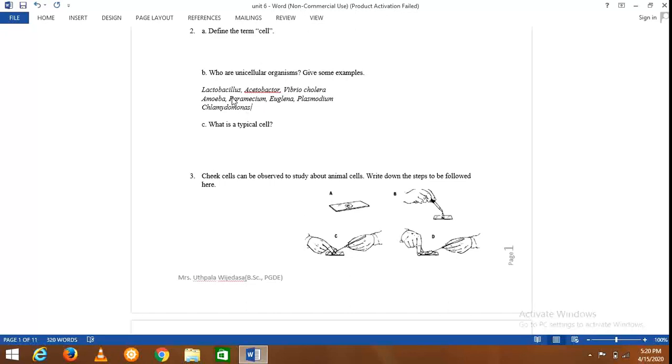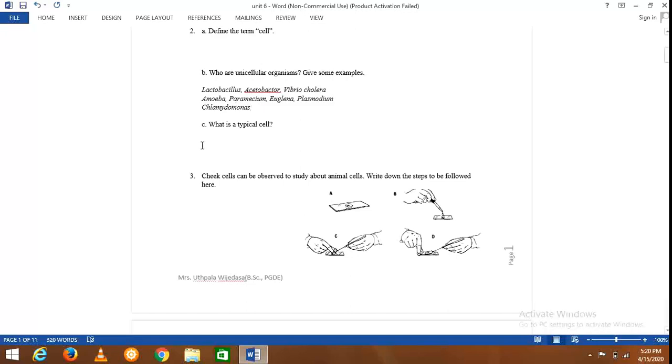So here you can revise the knowledge that you have gained in grade 9, the first unit. So all bacteria, protozoans and certain algal varieties are taken as examples for unicellular organisms.